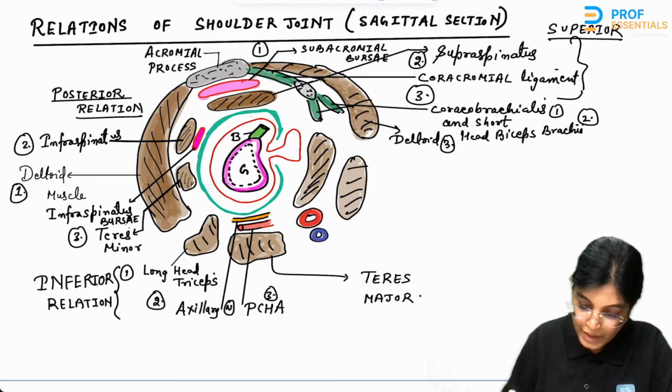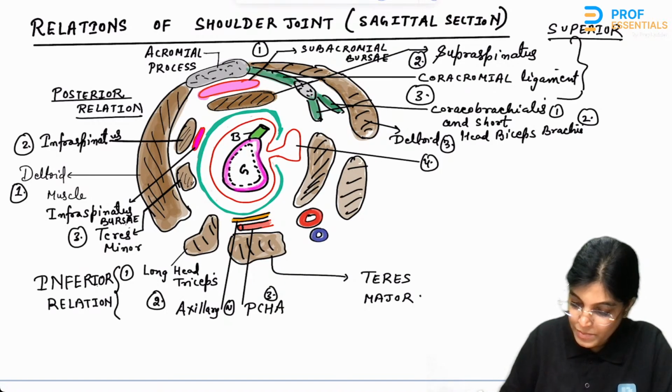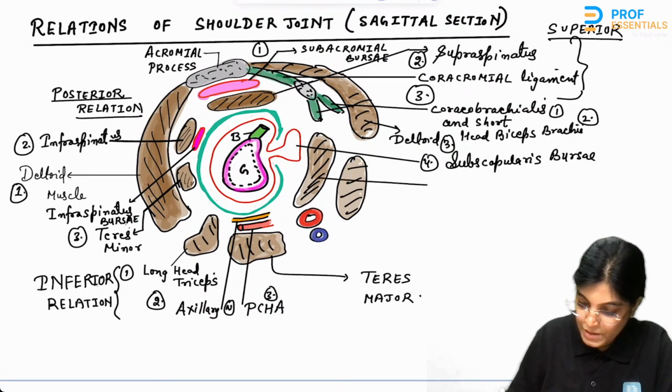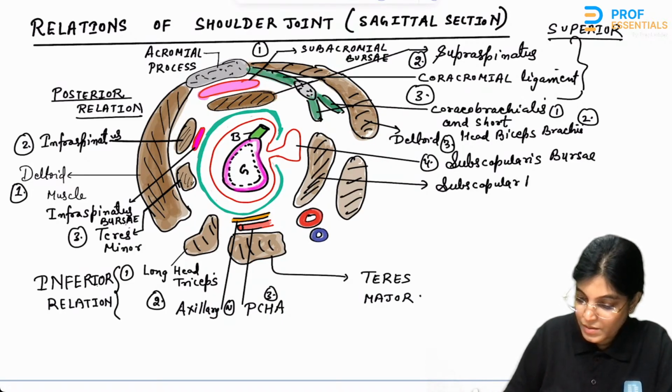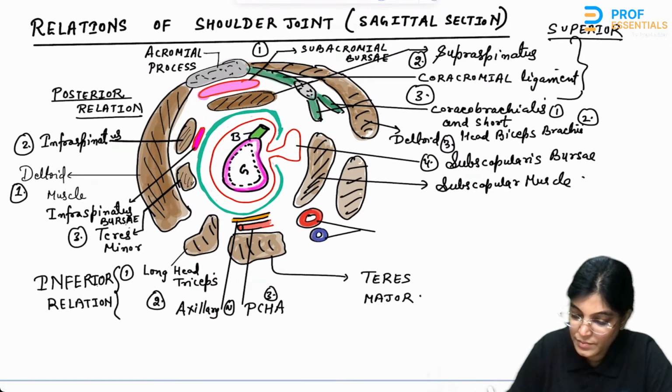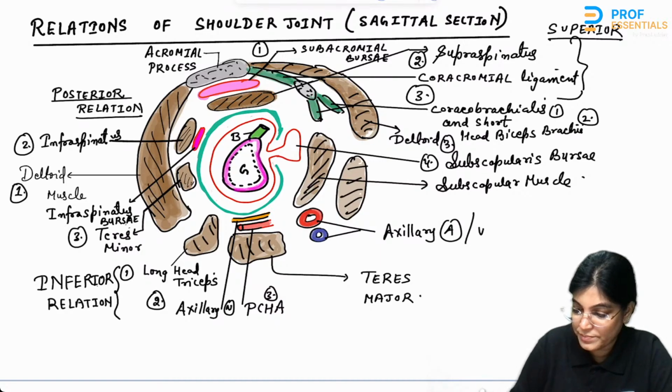So let's write it. This is subscapularis bursa. This is subscapularis muscle. This is axillary nerve and vein. Sorry, axillary artery and vein.